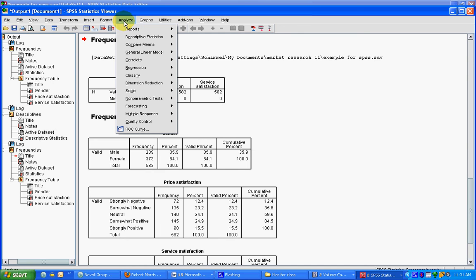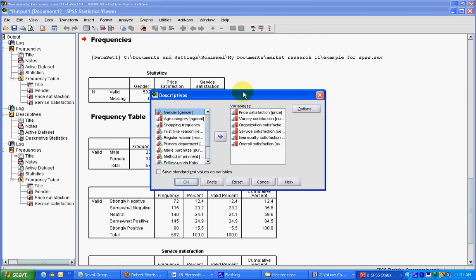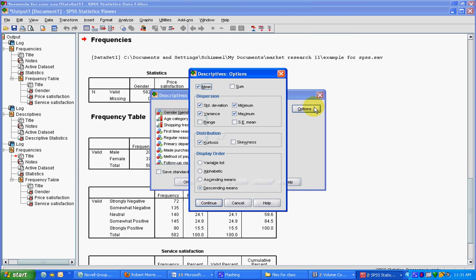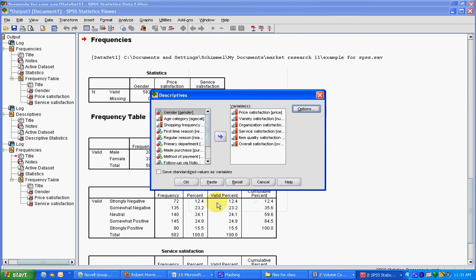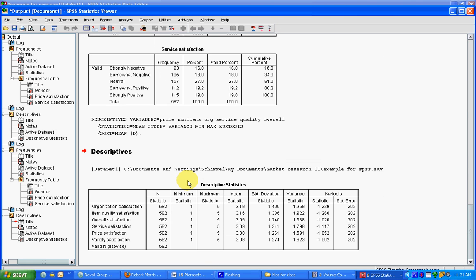I went to analyze, descriptives, but here I went to descriptive. I put in the variables under options. I checked mean, standard deviation, variance, minimum, maximum, kurtosis. I'm taking a look at the distribution. Descending mean, so I can see what is the most satisfied to the least satisfied. I hit continue and I hit OK.